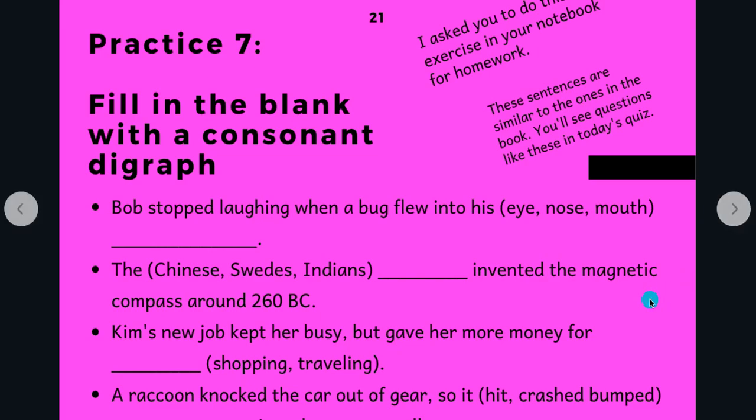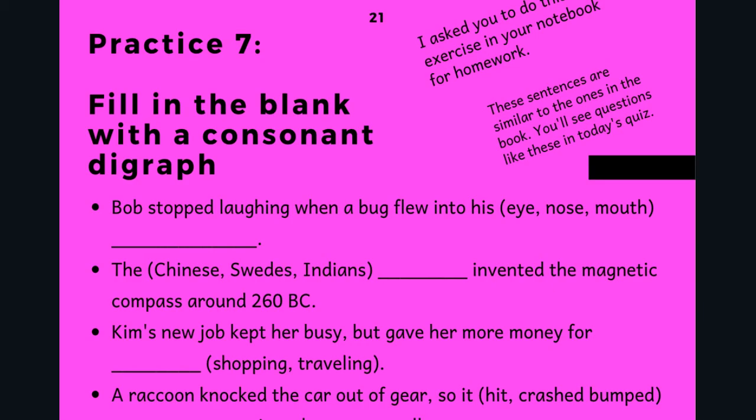All right. Kim's new job kept her busy, but gave her more money for shopping or traveling. What do you think? So you're looking for a word that has a consonant digraph. So it's either going to be a TH, an SH, a CH, a GH, or a PH, right? So choose that word. And then this one, I changed a little bit.